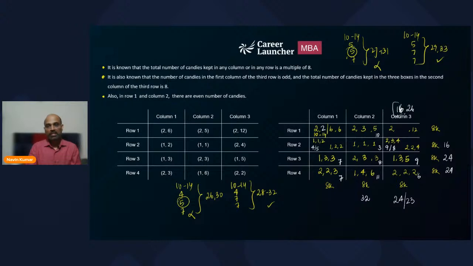So 16 to 26, anything can come from first row, third column. So if you are at 24, 16 aa sakta hai. 24 can also come. If you are at 23, we can have 23 plus 17. That will also give us a multiple of 8. 49, 48 bhi aa sakta. Both are possible.